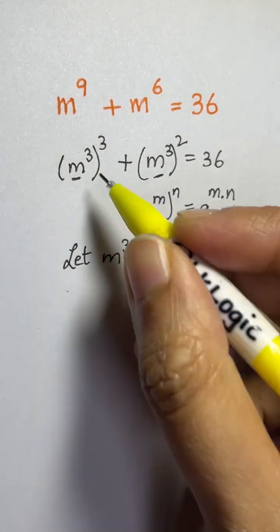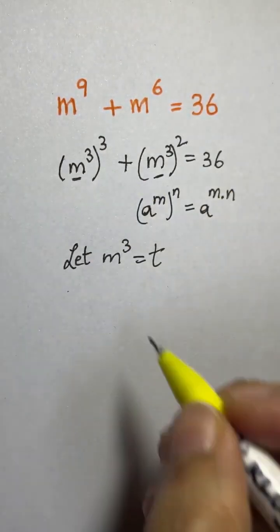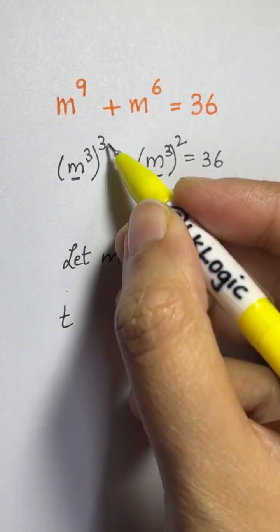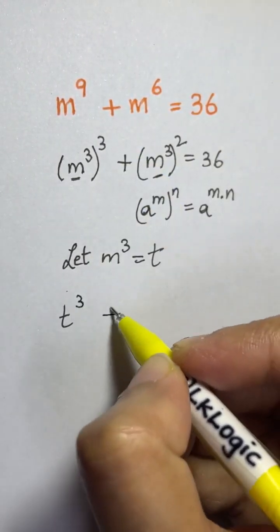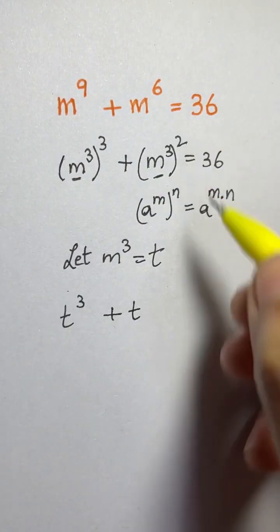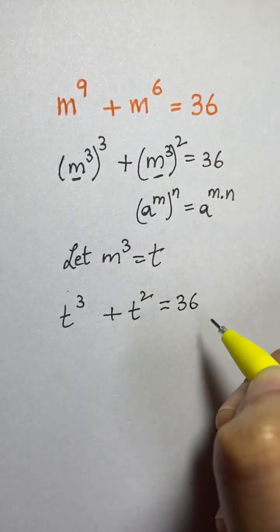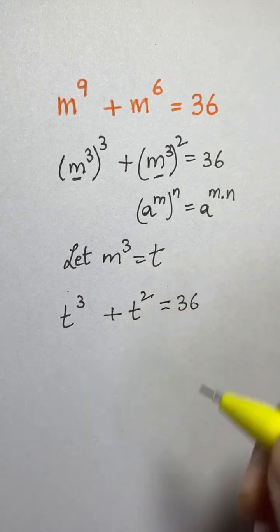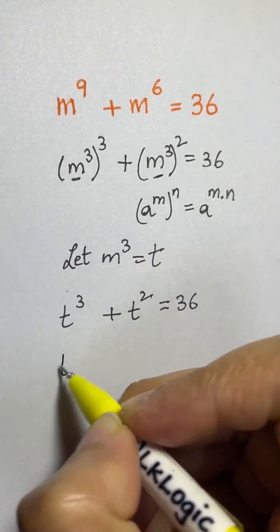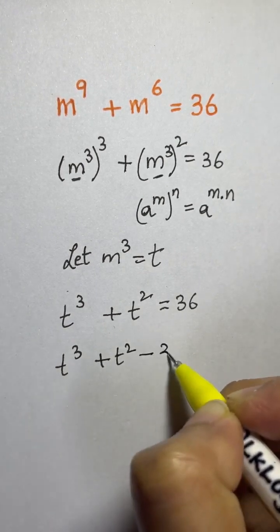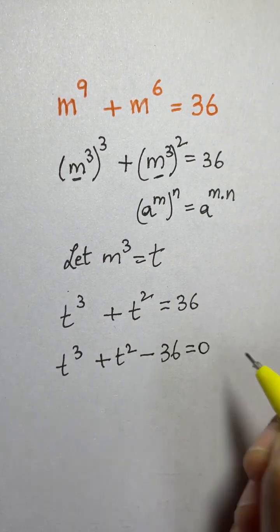Now we can substitute t for m cubed, and that will reduce our powers. So t to the power of 3 plus t to the power of 2 is equal to 36. Now let's bring this 36 to the left side. It becomes t cubed plus t squared minus 36 equals 0.